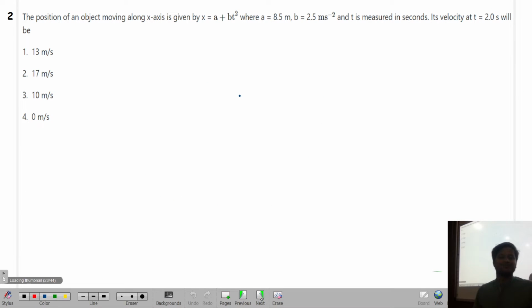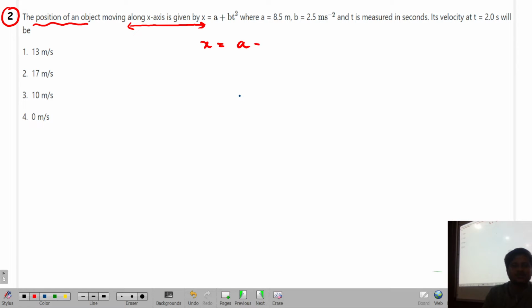So let us move to the next question. Again, these questions will clear a concept; when you solve more questions, more concepts will be clear. Now see the question. The position of an object moving along the x axis is given as x is equal to a plus bt square.